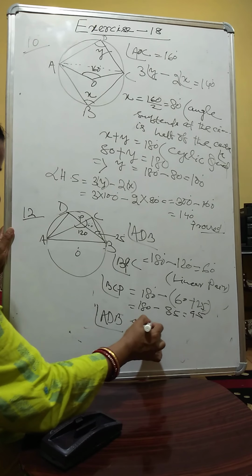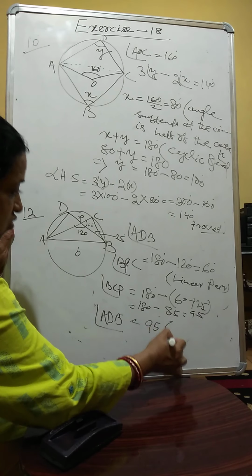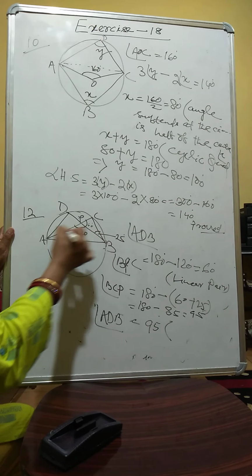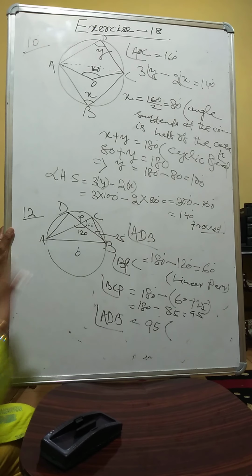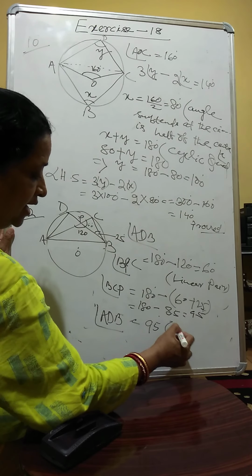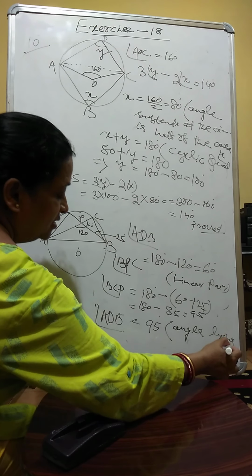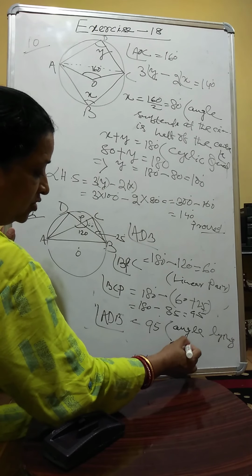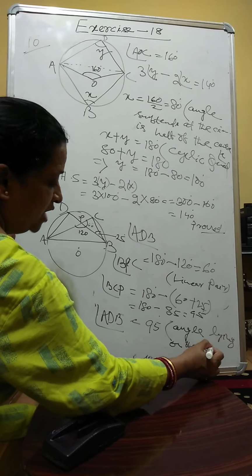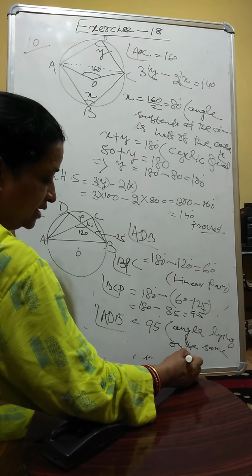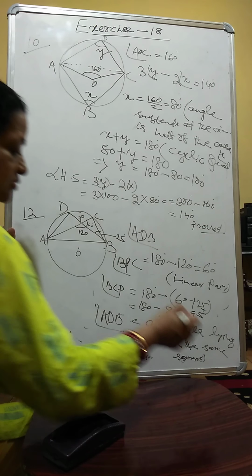ADB angle is 95. Why? You see that this is a chord, this is an angle, this is a chord, this is an angle. So you write: angles lying on the same segment. Same segment. Okay.